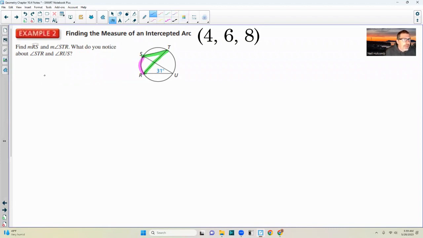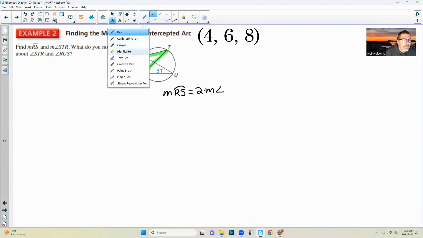So I always write a formula. I'll do it over here. The measure of arc RS equals. So since the angle's half the intercepted arc, the arc is twice the angle. So I'm going to say 2 times the measure of angle RUS. So let's highlight that. So here's the angle RUS.